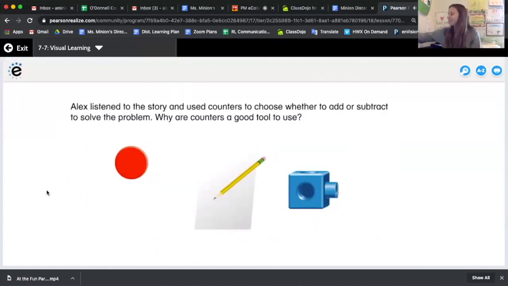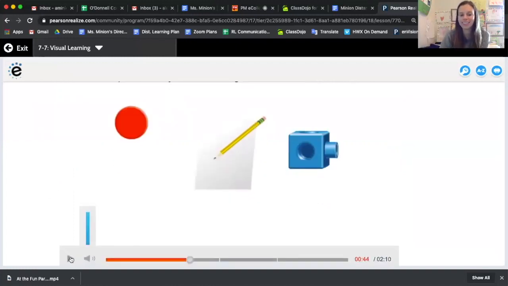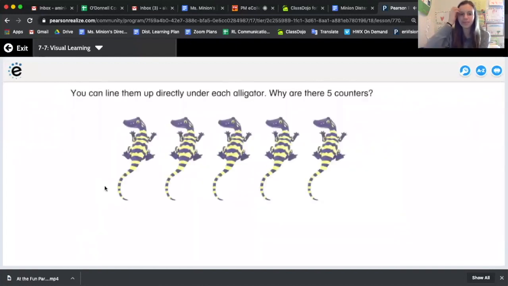Why are counters a good tool to use? Why are counters good? Yeah, maybe they're easy to get and you can actually move them and pretend they're alligators. You can line them up directly under each alligator.